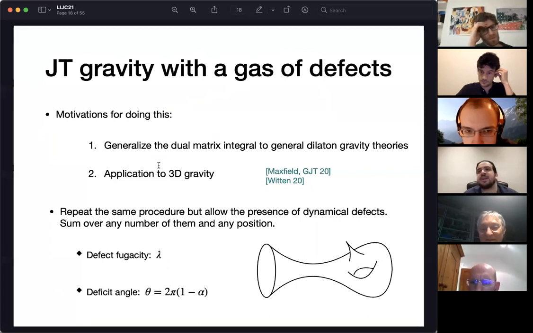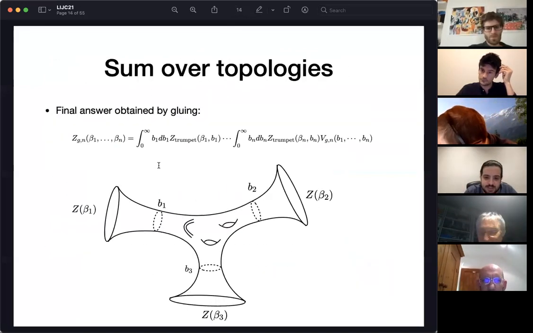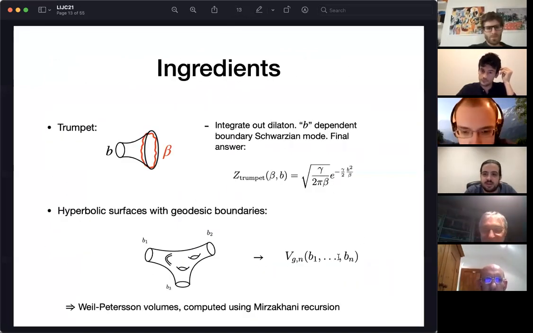The point is that when you compute these volumes as a function of the length of the boundary, these are finite polynomials in the length, and the coefficients of these polynomials are the intersection numbers, exactly.